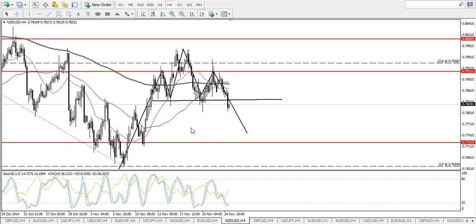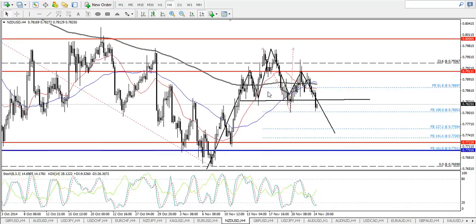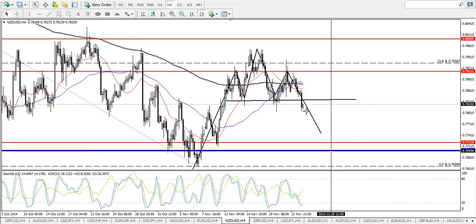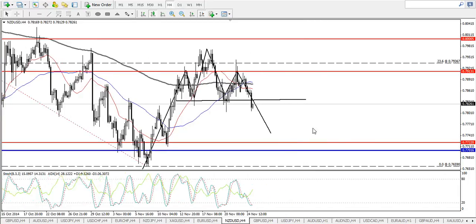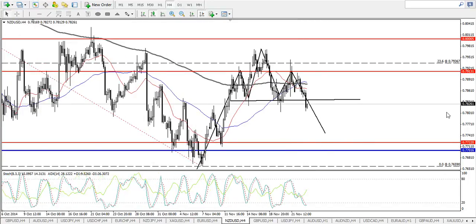And for the first level, I'll just have to pause for a while. Alright, so for the first level, with the Fibonacci expansion, I have plotted that the price of 0.7701 is the first level to look at, or if you want to be a little bit safe, that would be 0.7722.